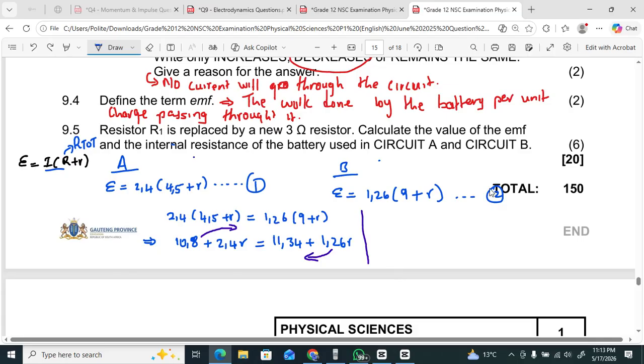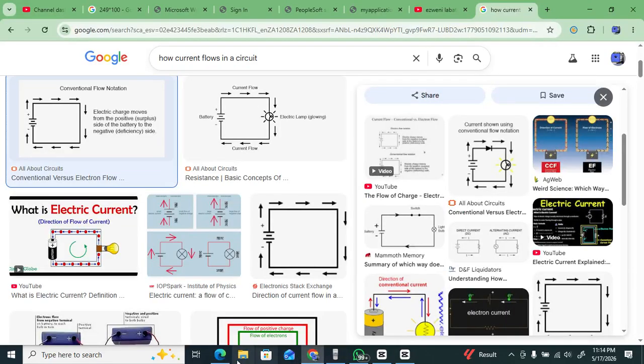So I'm going to take the 2.4R and subtract 1.26R, because it goes to the other side to be negative. And then we take the 11.34 and subtract the 10.8. What is 2.4 minus 1.26?